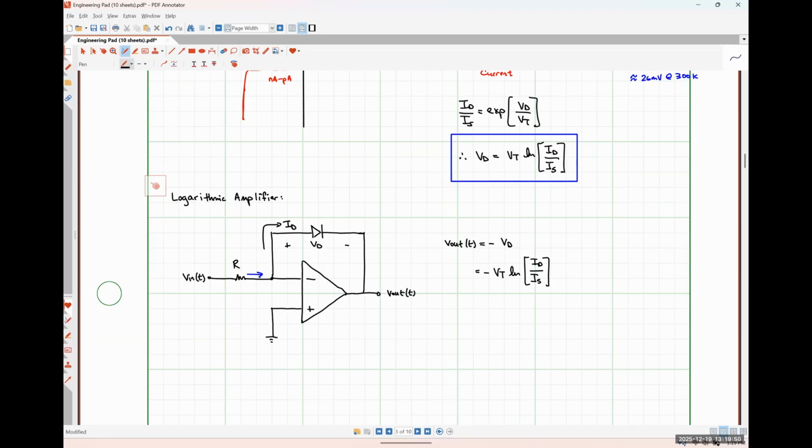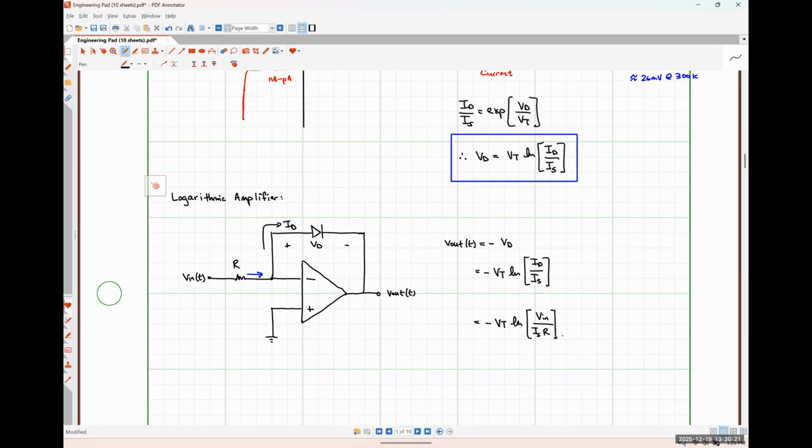So I can substitute that in, and I get negative Vt times the natural log of Vn divided by Is times R. So my output signal is related to the natural log of my input signal. So that's why this is a logarithmic amplifier.